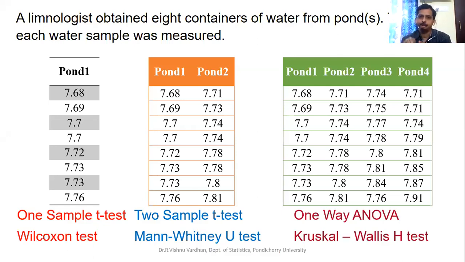This is called two-way analysis of variance. Like this, as you increase your experimental design, the statistical method that you apply will change according to your study design. I hope with this it is clear.